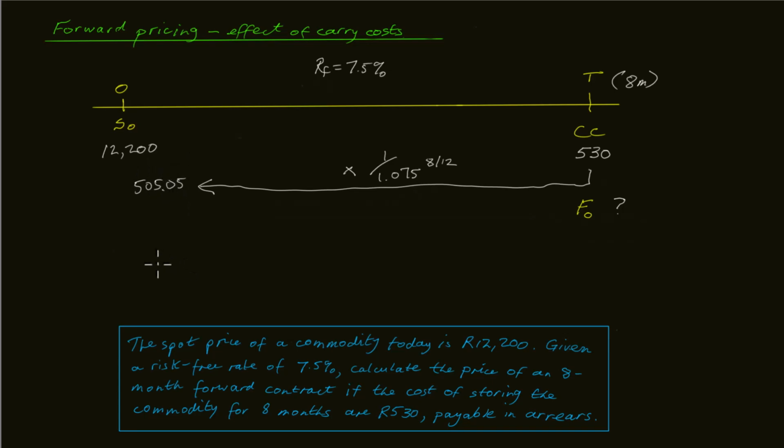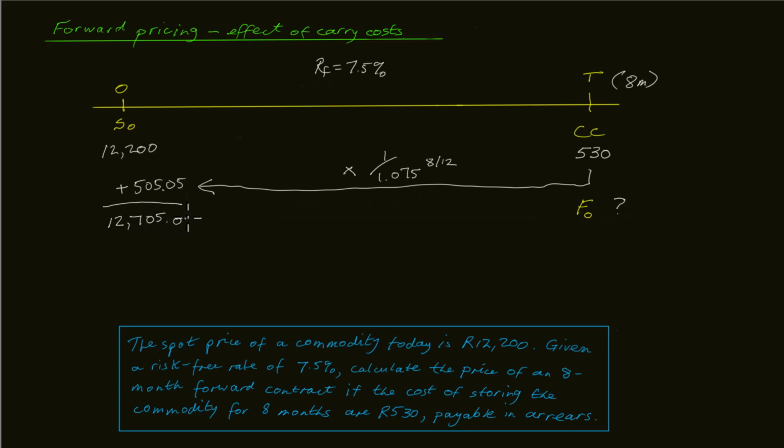Because these are carry costs, we apply for the time being, without questioning, the principle that that is added to the spot price at T0. That means that we have what we will call an adjusted spot price at T0 of 12,705 Rand and 5 cents.